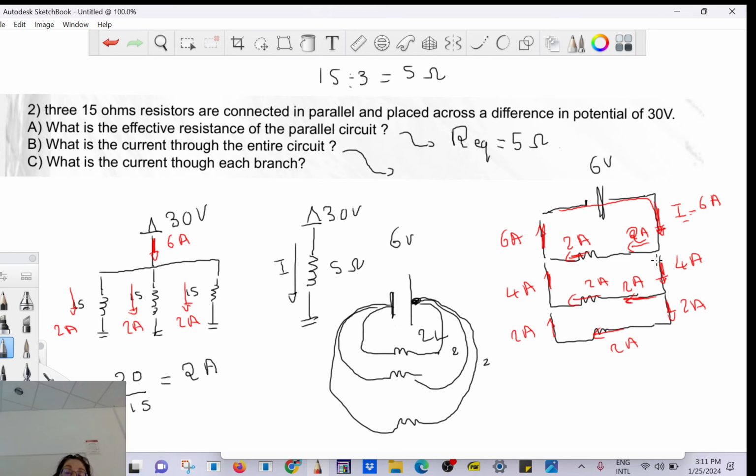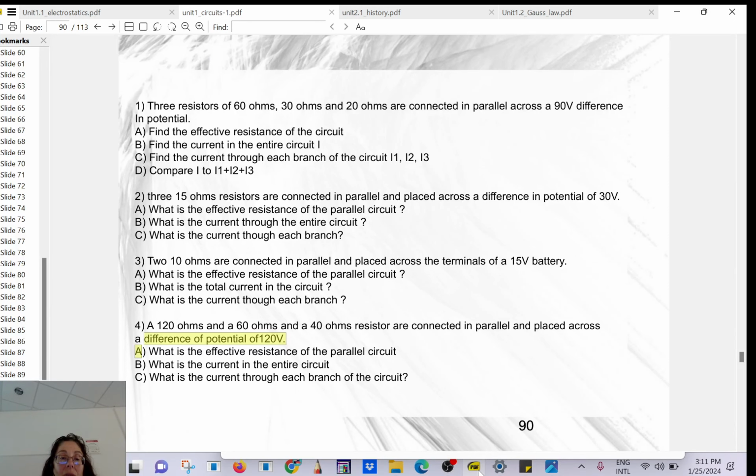So here I took another connecting wire, right? But the idea is that at a connection, an intersection, the currents add up. Does it make sense? It's like water flowing in pipes. The current's adding up, but it's not changing the actual current. So each resistance will get 2 amps. It's just the connecting wires.